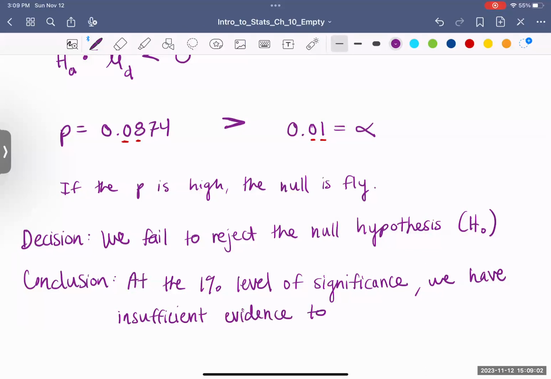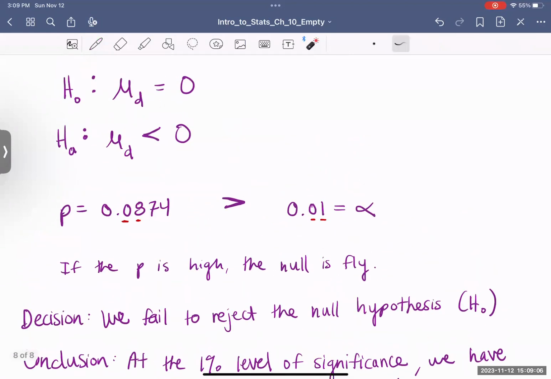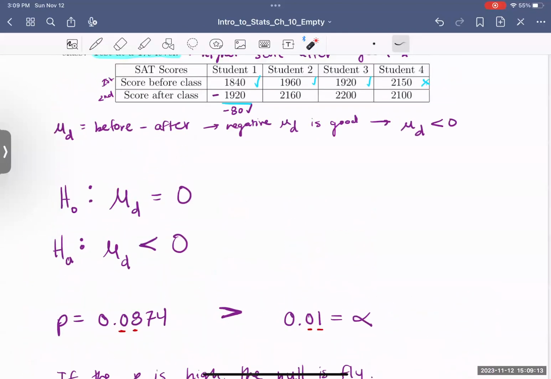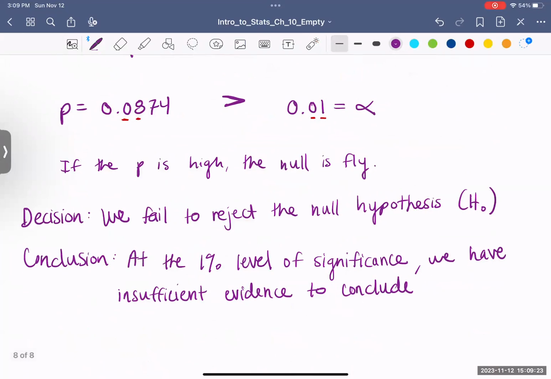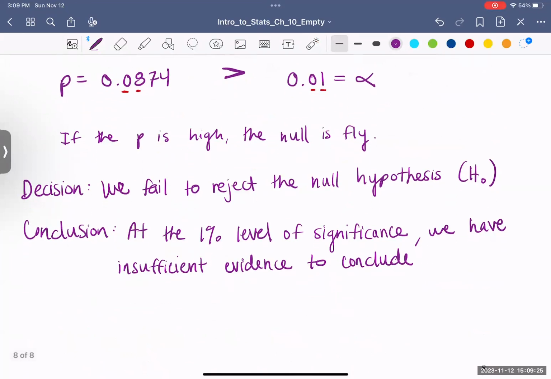to support or to conclude. And here's where we're saying that the average difference is less than 0. Again, that sounds really odd. So instead, we're going to go back to what we were actually, originally asked. That the scores on average are higher after the class. That's what we were trying to show, and we don't have the evidence to support it. We're not sure that they are or aren't.